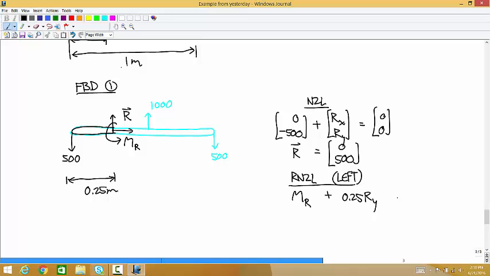So this is positive. And so you get MR is equal to negative 125.